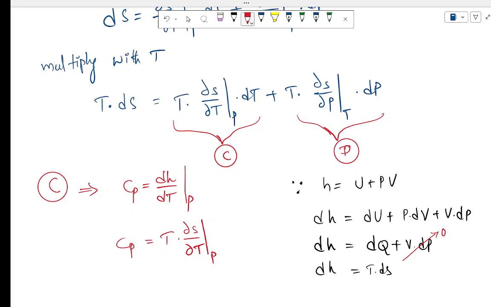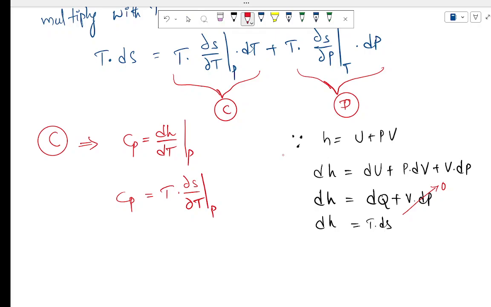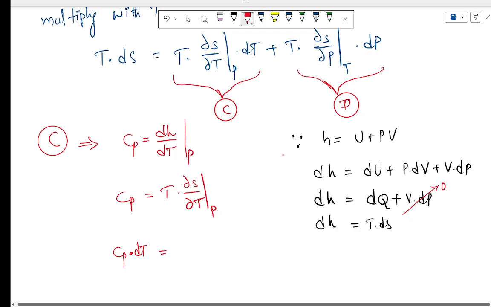What I have in the C is my partial differential form, so I will write that as T into ∂S/∂T at constant pressure. Since I have dT here, I will multiply dT on both sides here. So Cp into dT will be equal to T into ∂S/∂T at constant pressure into dT. So this is how I will get for my C.